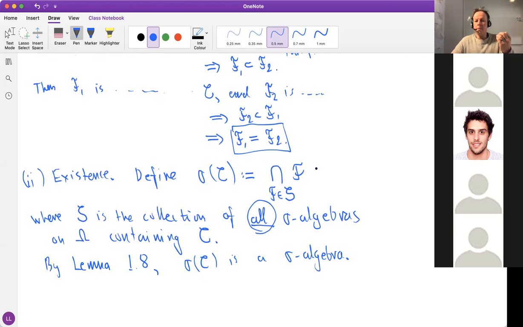Is this collection non-empty? Okay, it is, because the power set is here. So let's note that this collection is non-empty.